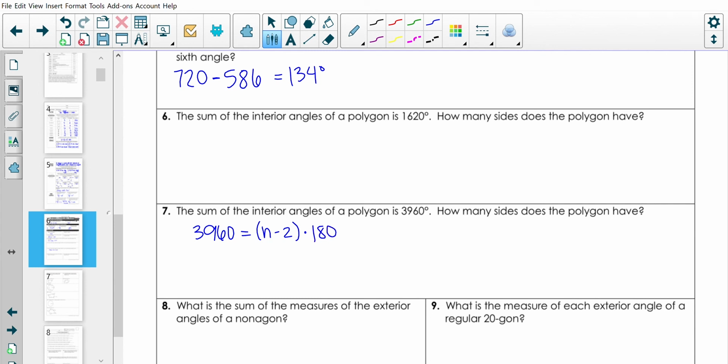What do I get rid of first? My 180. And how do I get rid of it? Divide. 3,960 divided by 180 is 22. So I have 22 equals n minus 2. Then what? Add 2. So how many sides are there? 24. Good.